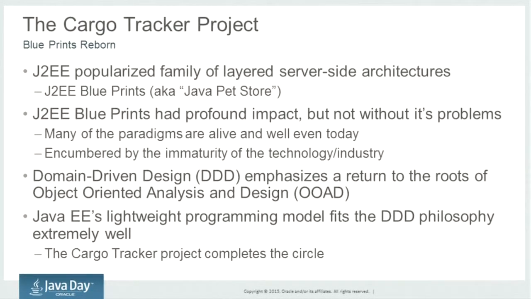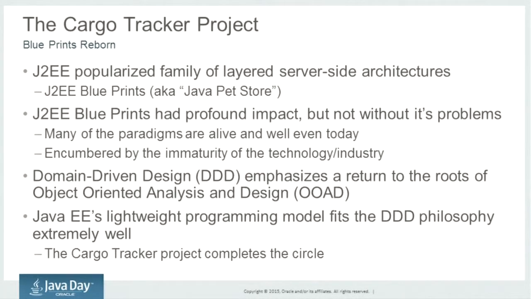So if you have heard of patterns like data access object, data transfer object, session facade, all of those, believe it or not, actually originated back in the pet store or J2EE blueprint days. However, the J2EE blueprints are old, right? They are about 10 years old now, and they are not without their problems.